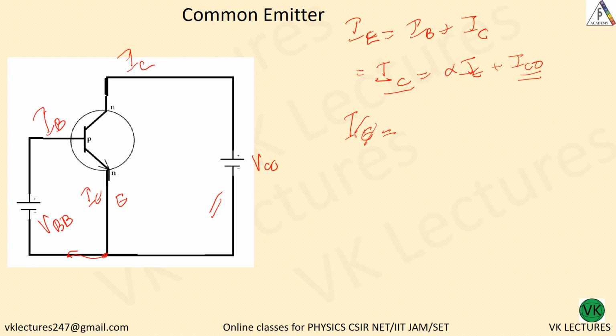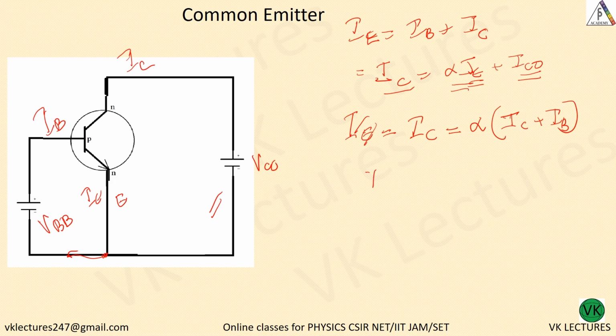Taking this value, IC is equal to alpha IE. So IC is equal to alpha into, what is IE? IE is nothing but IC plus IB, right? IC plus IB is nothing but IE. So IC is equal to alpha into IC plus IB.